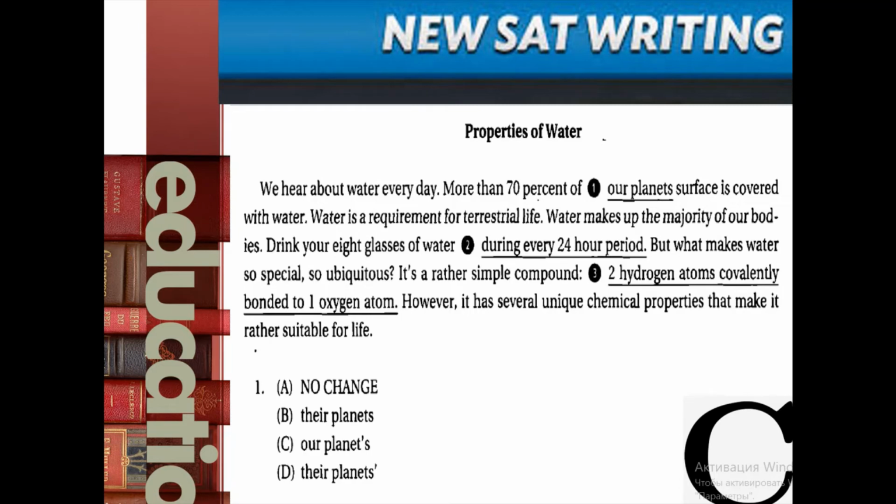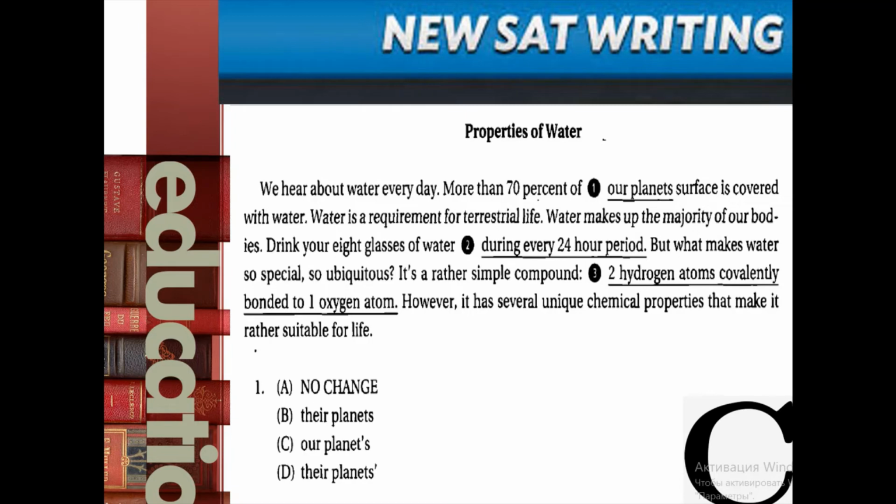Their planets. Can you understand it? Great. So you can also eliminate choice A, no change. It fails to show that the planet possesses the surface because it lacks an apostrophe followed by an S.